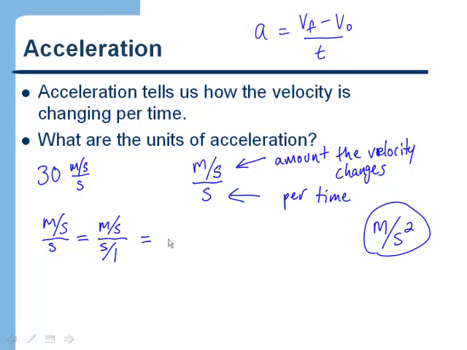We take the bottom fraction and we flip it. So I'd have 1 over seconds. So meters times 1 is just meters. Seconds times seconds is seconds squared. So meters per second squared is the way we usually say the units for acceleration. But it's important to understand that really what we're saying is meters per second, the amount the velocity changes per time.